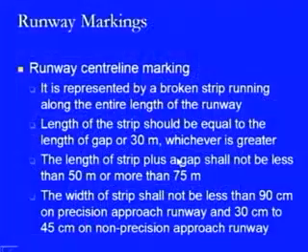The width of the strip shall not be less than 90 centimeters on precision approach runway strips, and 30 centimeters to 45 centimeters on non-precision approach runway strips. So, this is defined on the basis of the type of approach being provided for that runway strip.